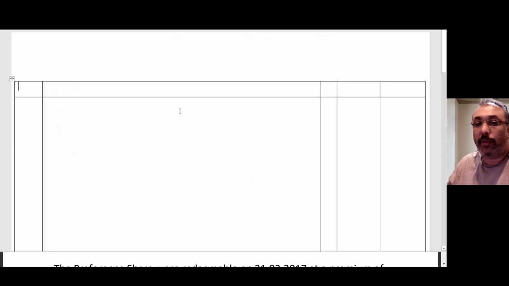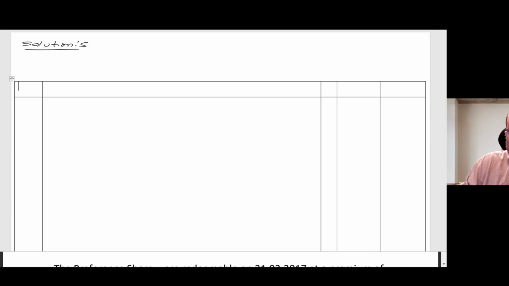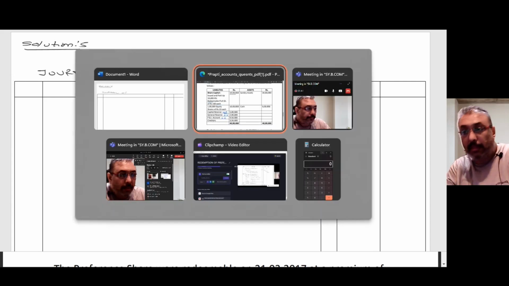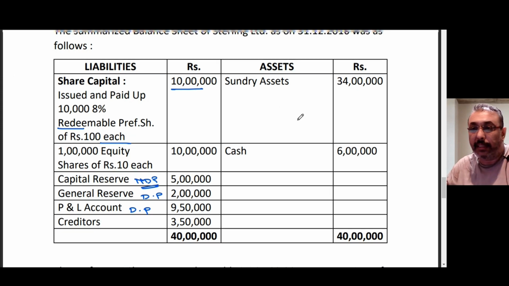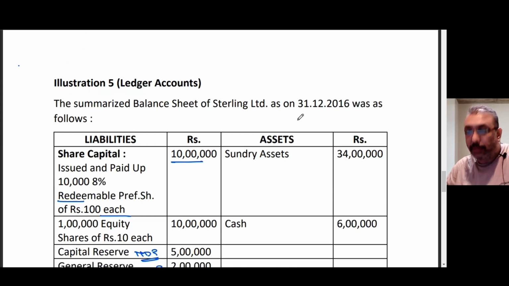Let me put up those things that are needed over here. This is solution number 5. Journal of that particular company where redemption is to be carried out. Let us go for the name of this particular company.